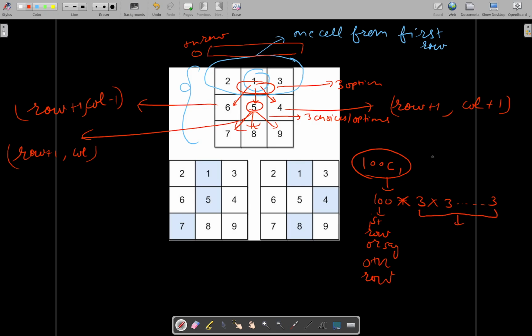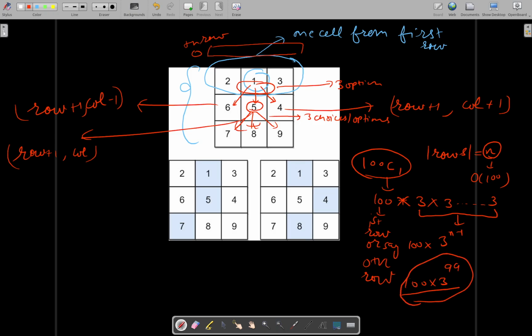So if the number of rows is n, then it will be 3 raised to power n minus 1, into 100. This n is given of the order 100, so 100 into 3 raised to power 99. This will be the order of operations.